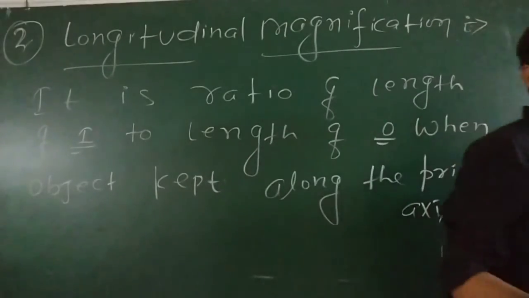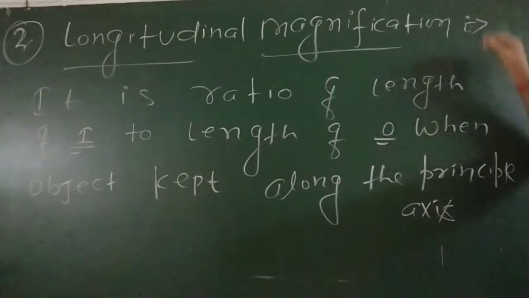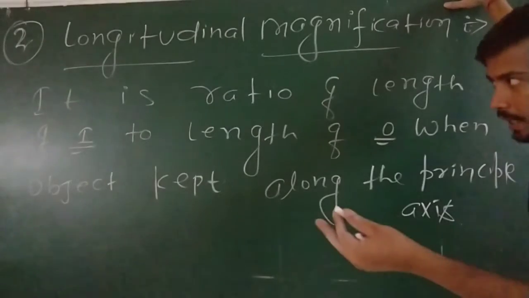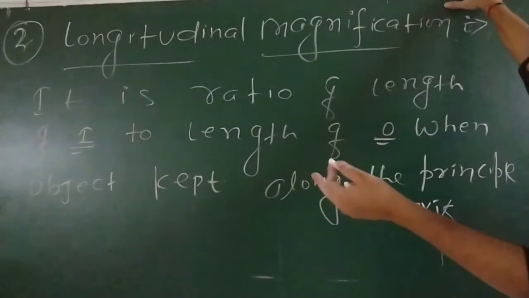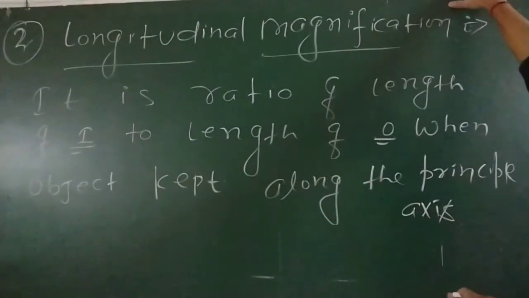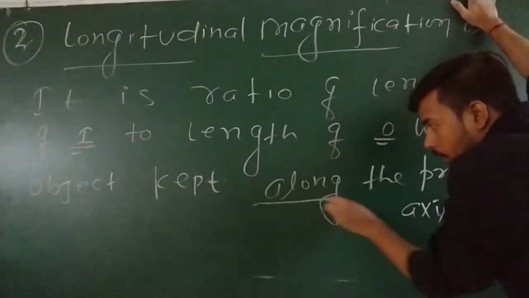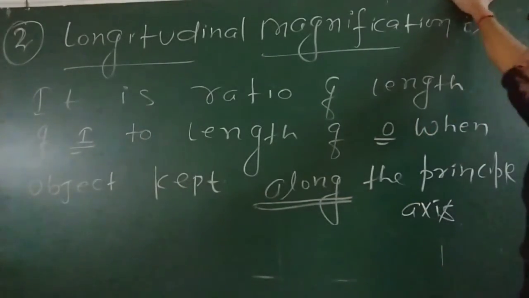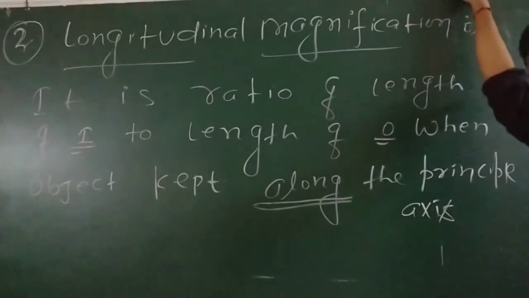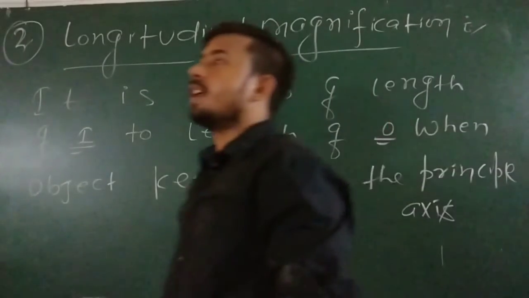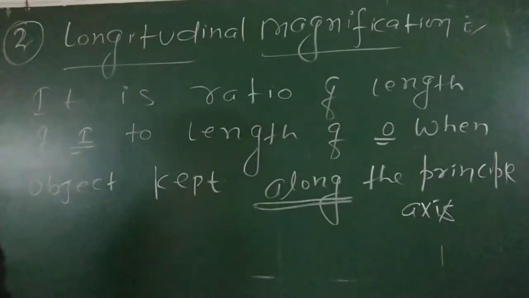So read this definition. It is defined as the ratio of length of image to the length of object when object is kept along the principal axis. So you will get the first difference between transverse magnification and longitudinal magnification.